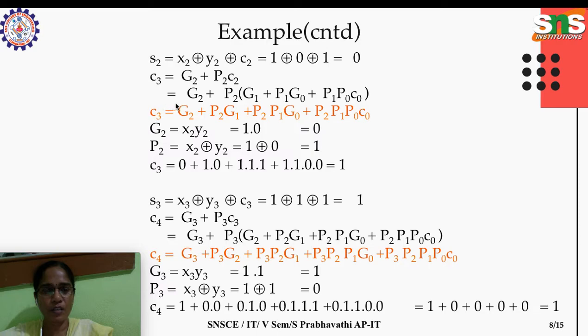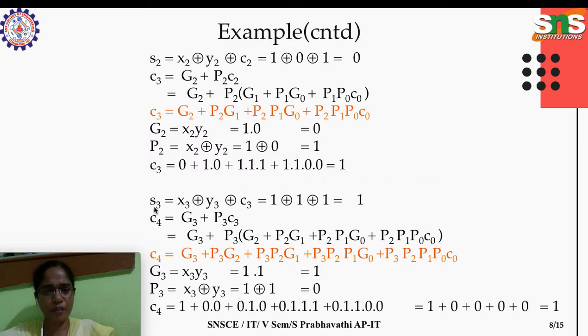So C3 doesn't depend on the carries C2 or C1, so it doesn't depend on the previous stage of the full adder. It computes by its own combinational logic circuit using the values G2, P2, P0 etc. When we compute all those values we get C3 equal to 1.